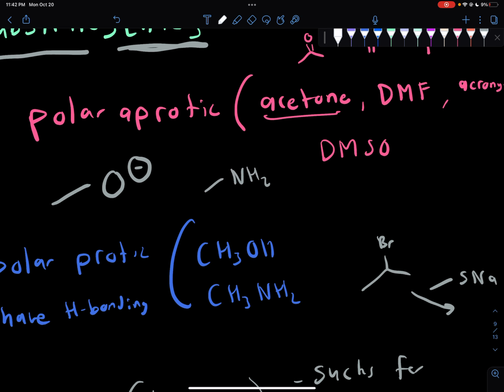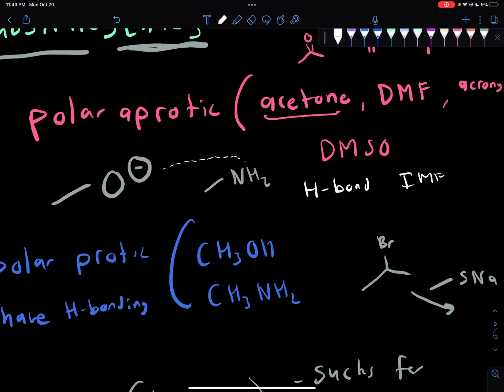What's going to happen is H bonding. I don't mean that the hydrogen literally bonds with the O. I just mean the intermolecular force of H bonding, where a hydrogen that comes from either a nitrogen or an oxygen or fluorine is going to have these intermolecular forces with other elements.